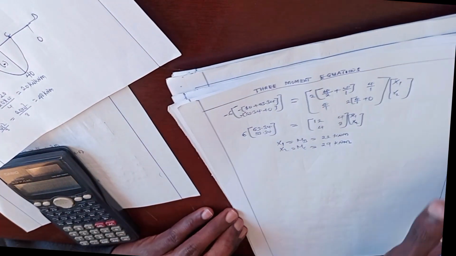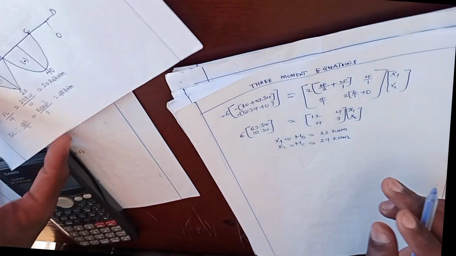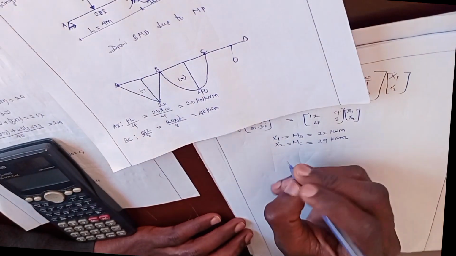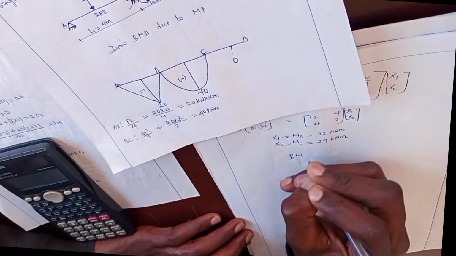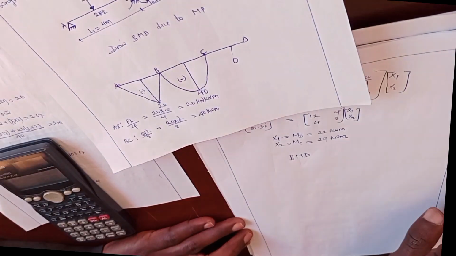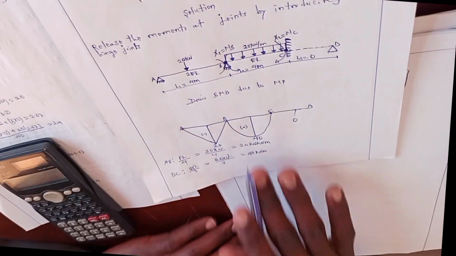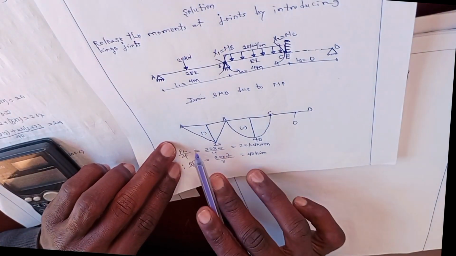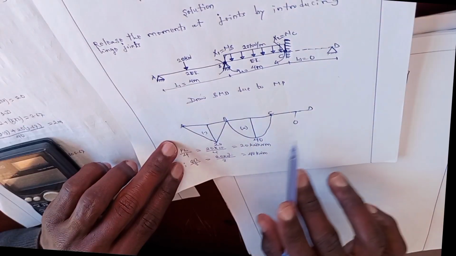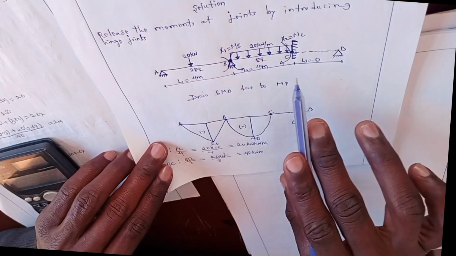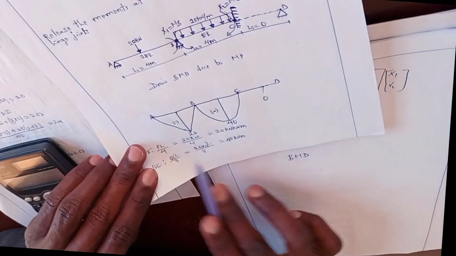Now, since we have obtained this released moment, the next step is to draw the final bending moment diagram. This final bending moment diagram contains the moment due to point load and the moment due to released moment.